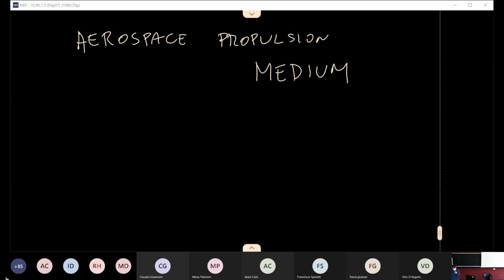So in the first part of the flight of a launcher, we would like to exploit the available medium. So it's correct to at least mention it, to keep this in mind as a possible way to exploit other means of propulsion.